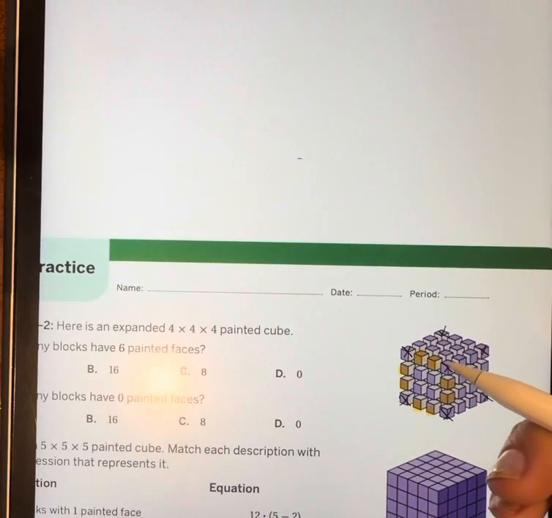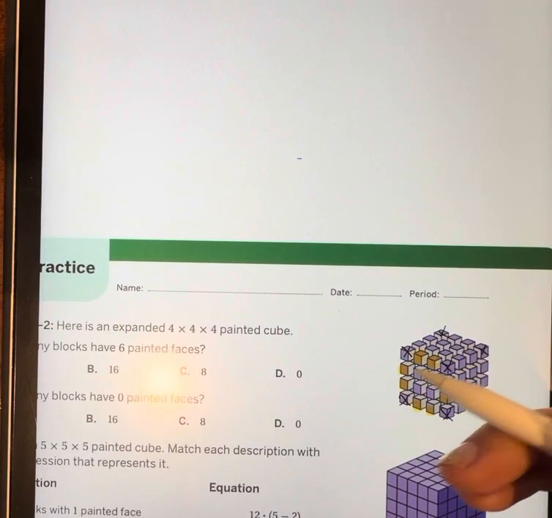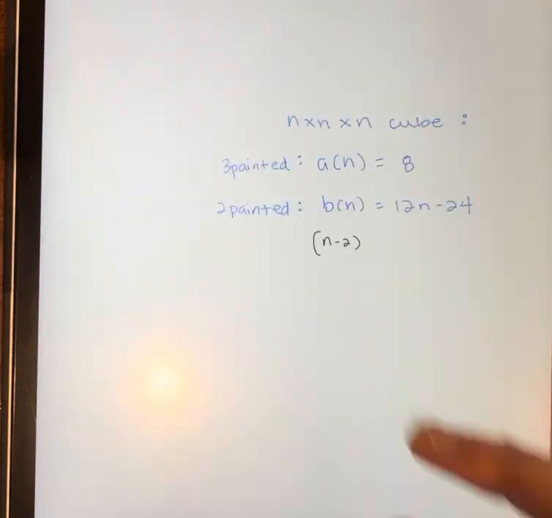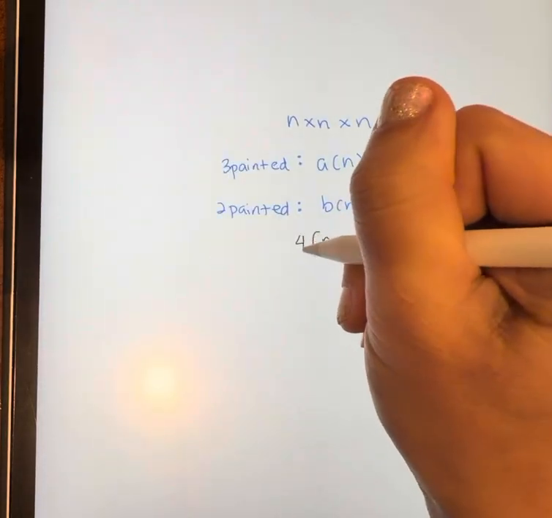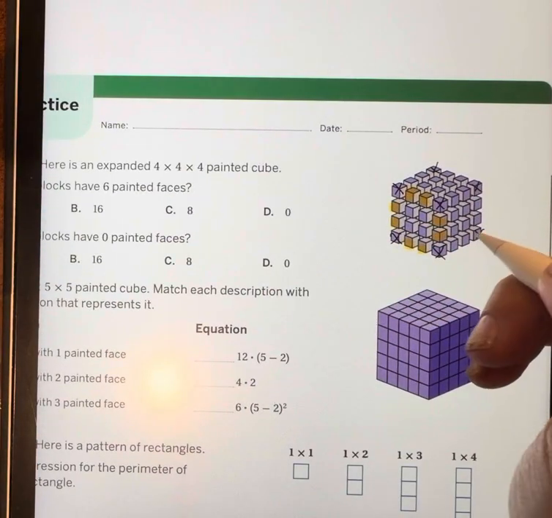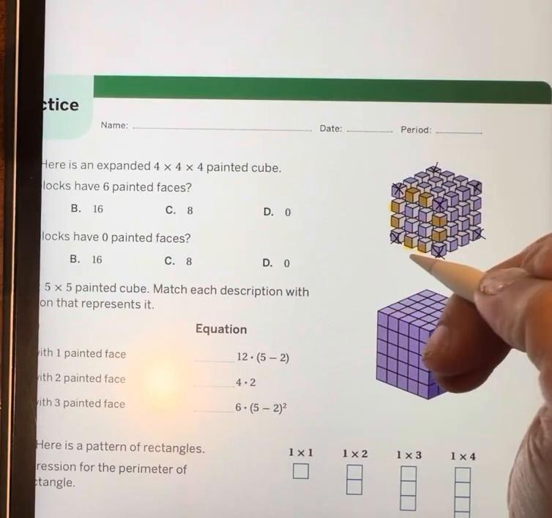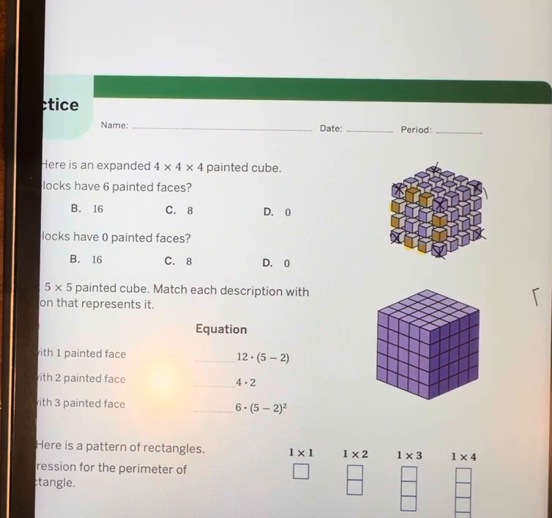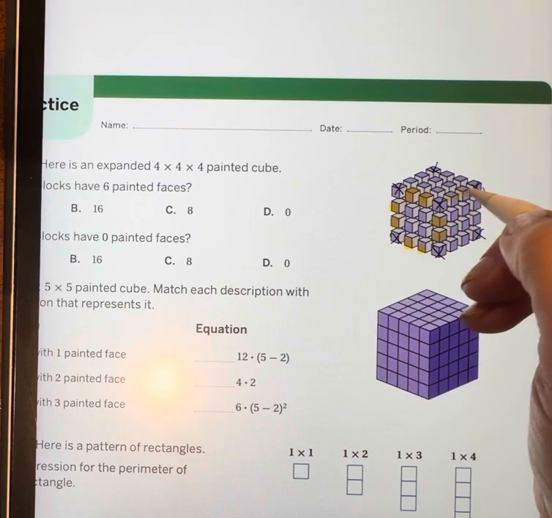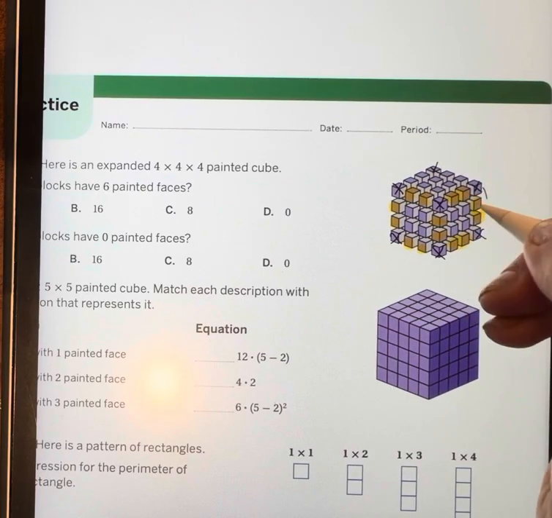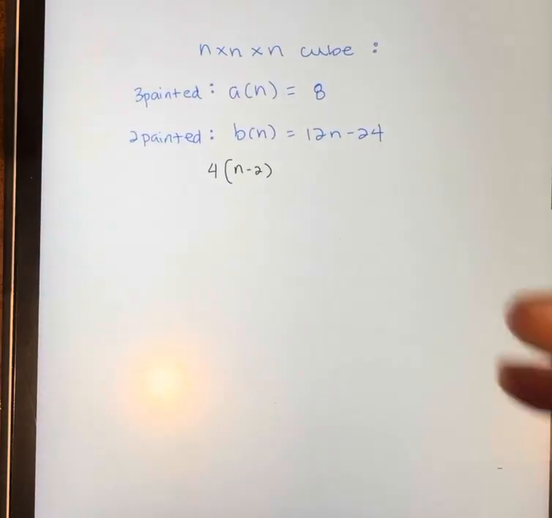And then on the first face, we've got 4 of those. So it's the n minus 2 times 4. And then on this face, we will have already counted 2 of them. So we have the n minus 2, but this time times only 3 of them.